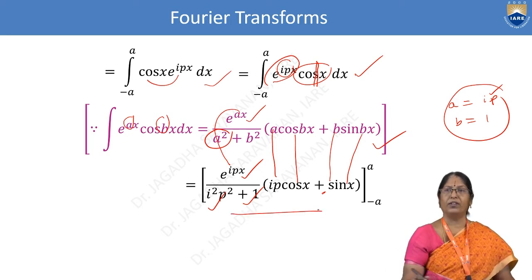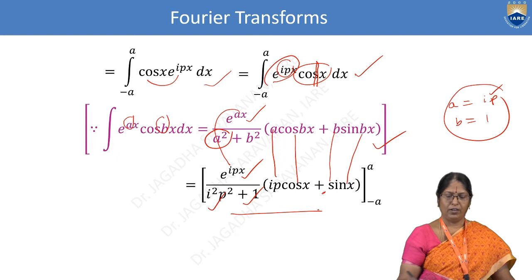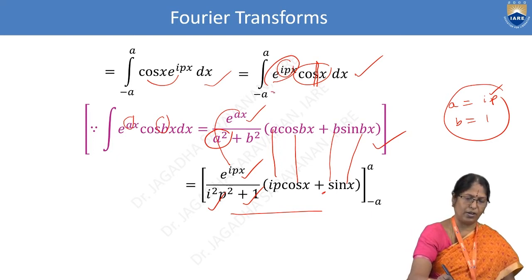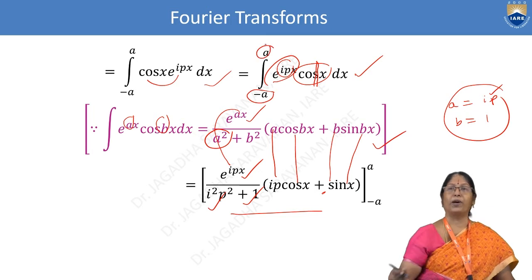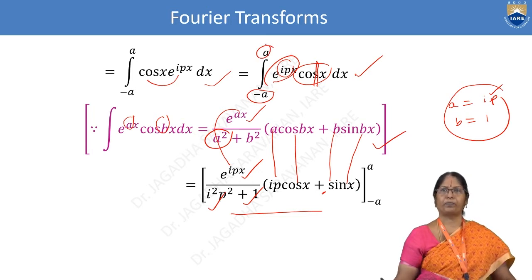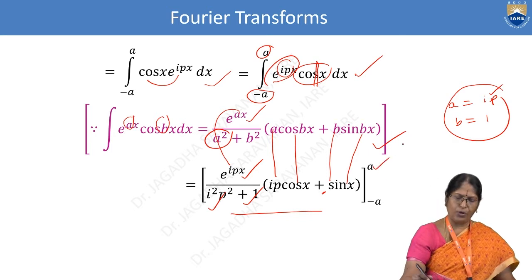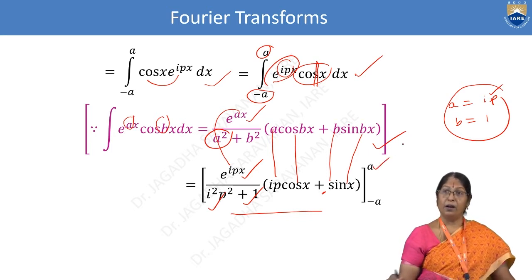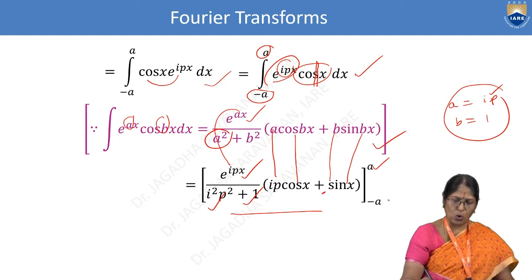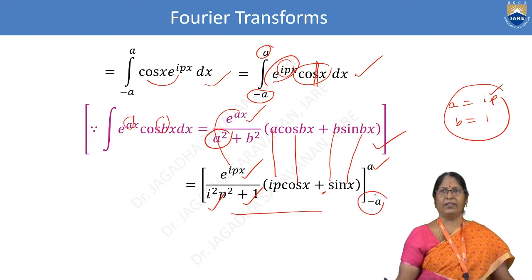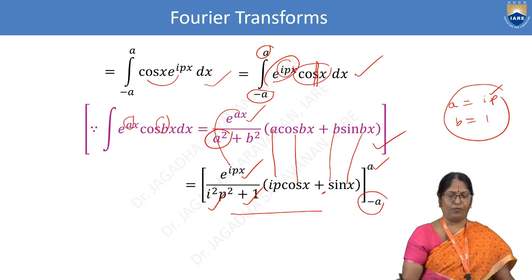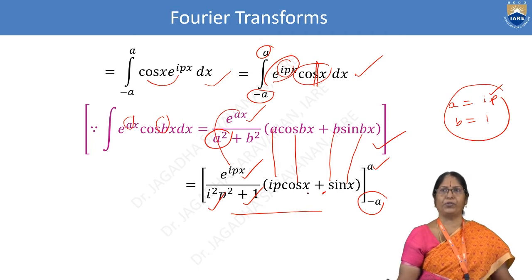The integration we completed. So now the limits are minus a to a, that's our problem's limits. So now the upper value is a minus the lower one, minus a. In the place of x we have to substitute.